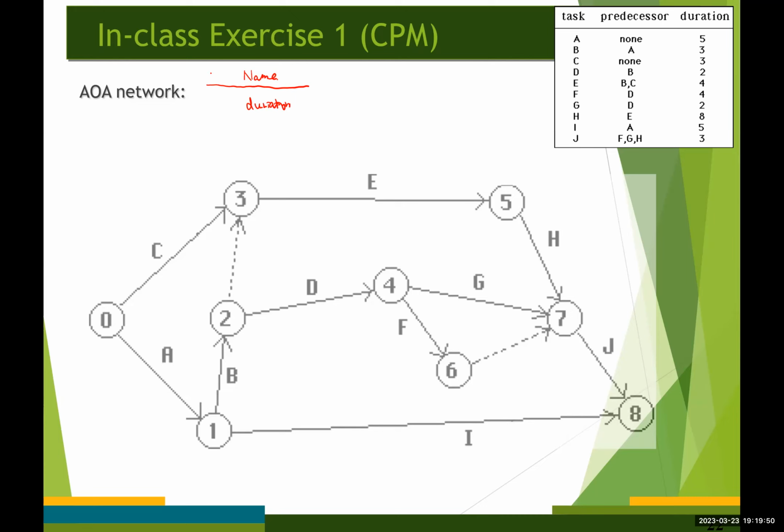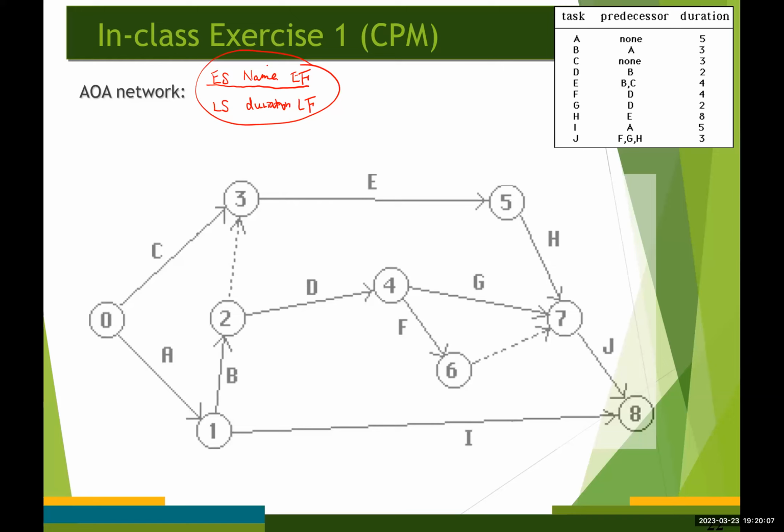And then I'm going to put the earliest start time, earliest finish time, latest finish time, and latest start time. Okay, for each activity, I'm going to use this notation.